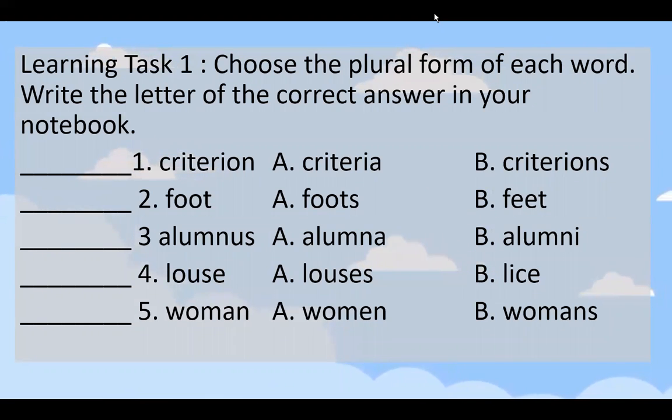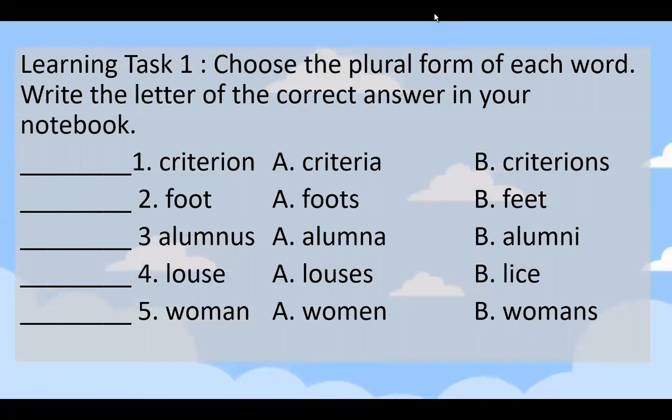Now, I would like for you to get your notebook and answer learning task number one. We are going to choose the plural form of each word. Write the letter of the correct answer in your notebook. Guys, this is just a test of how well you know the irregular nouns.